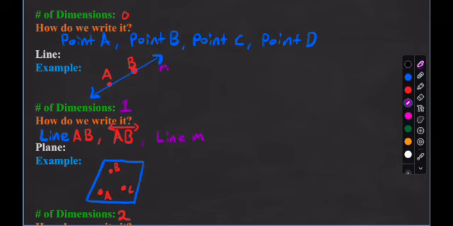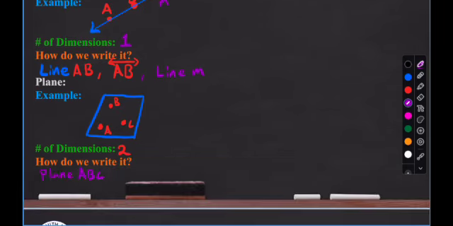But that is different than just the points. With the plane, we have to use 3 letters. Notice dimensions is 1 less than the number of letters you have. That's just something interesting.